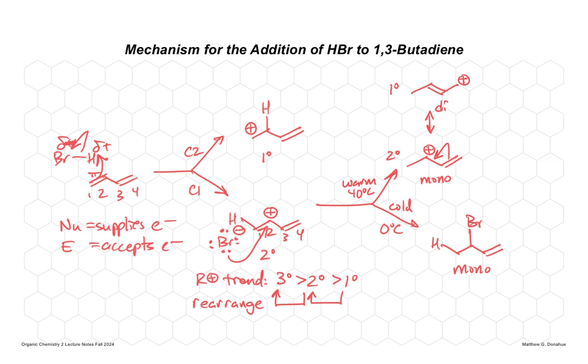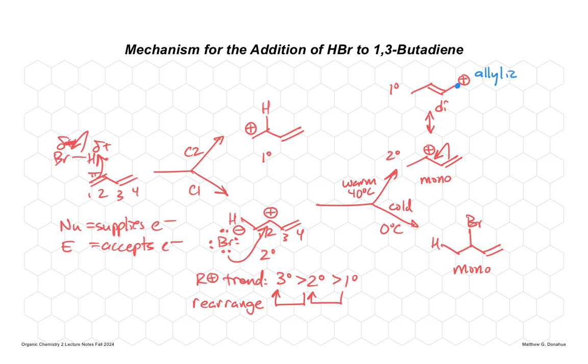But what's special about this case is that carbon atom is allylic. Remember, allylic is the carbon that's bonded to a double bond. And so it's fine that it has this primary carbocation.